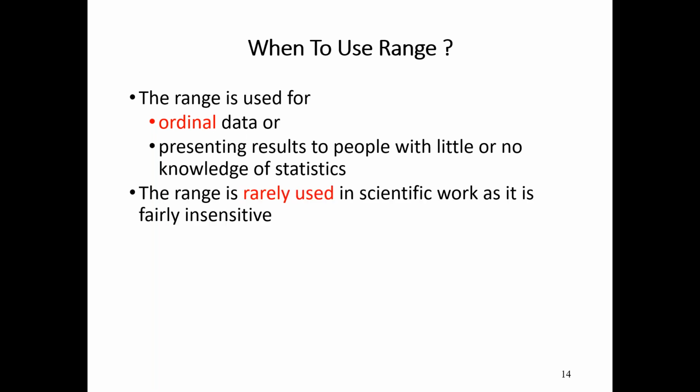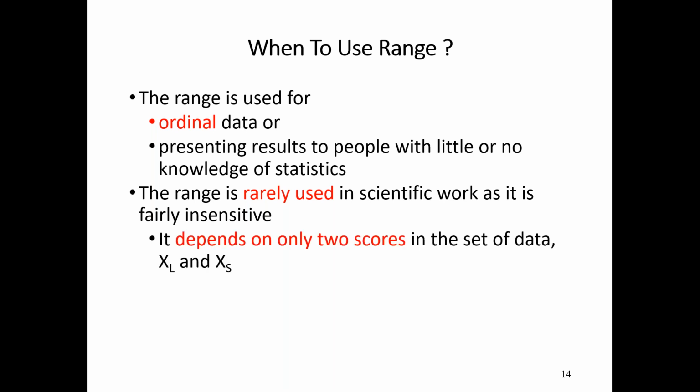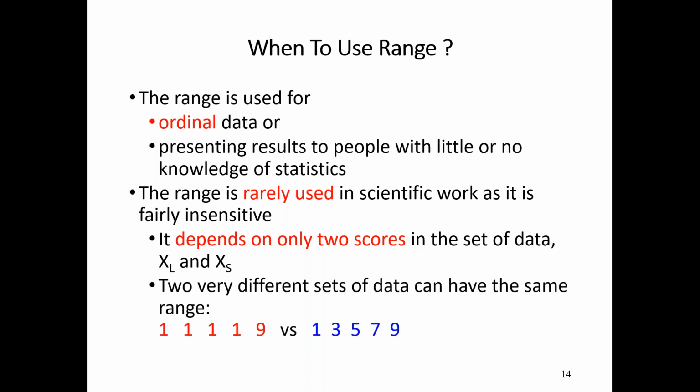Range is rarely used in scientific work. It is fairly insensitive. Please remember that it depends only on two scores, the maximum score and the minimum score. So two very different sets of data can have a similar range, which means it does not indicate how much the variability is.